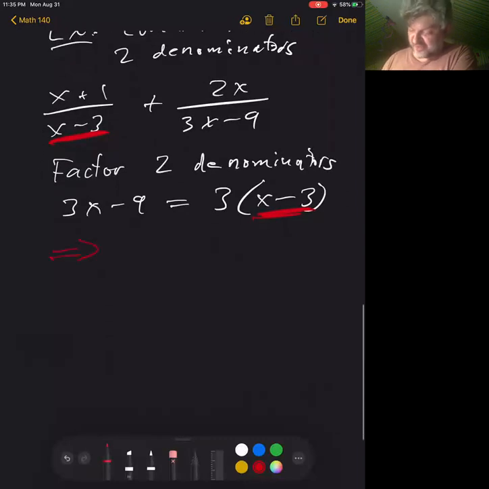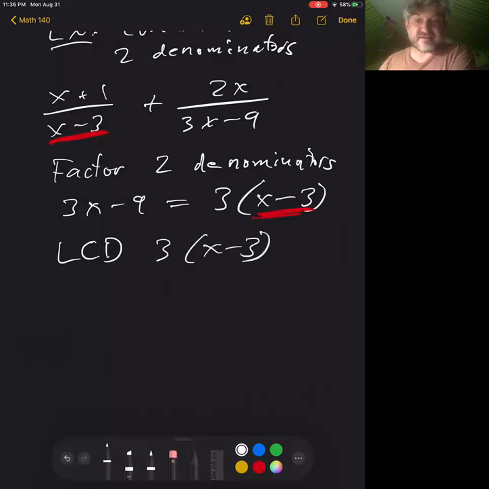So my lowest common denominator is just 3 times x minus 3. That covers everything in play. It covers the constant 3, it covers the x minus 3, which takes care of both denominators.